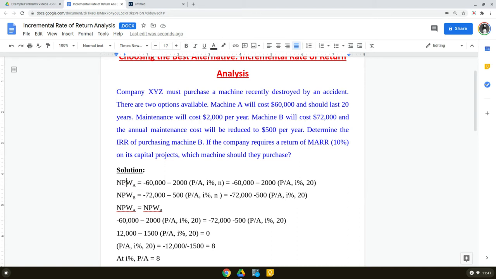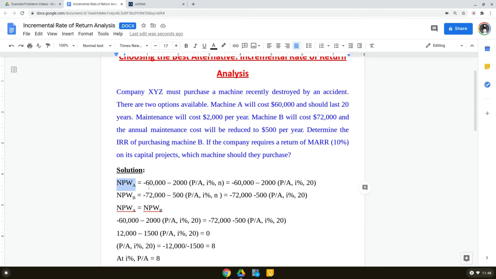For example, net present worth for machine A means we take all the cash flows that are happening in different years and bring them back to their present value. We calculate that for A, and then we calculate net present worth for B. That is the first task we need to do. If there are more options, we could calculate net present worth for other options as well.